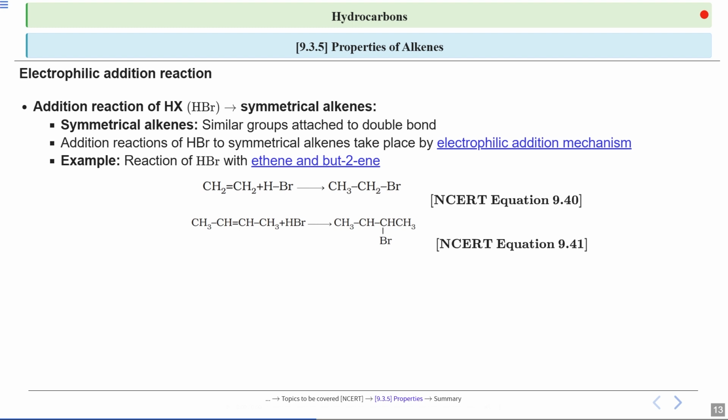So the doubly bonded carbon on the right side has one H and one methyl group, whereas the doubly bonded carbon on the left-hand side also has the same H and methyl group. No matter on which side you add H or Br, you will end up getting the same result. So what we can say is that a single product is formed in both of these reactions.